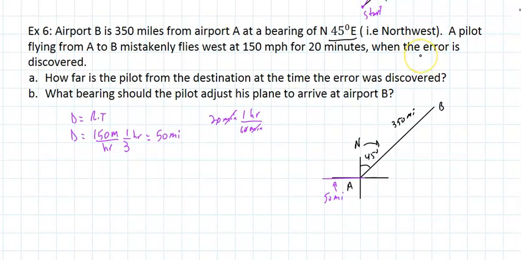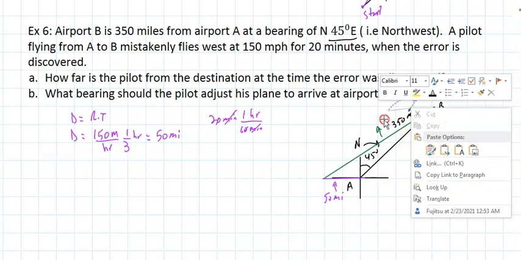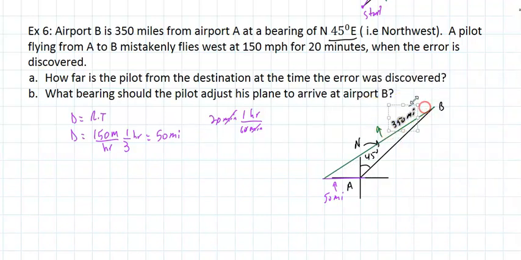When the error is discovered, how far is the pilot from the destination at the time when the error was discovered? They're asking what is that distance? Well, we know if this is 45 degrees, this is 90 degrees.